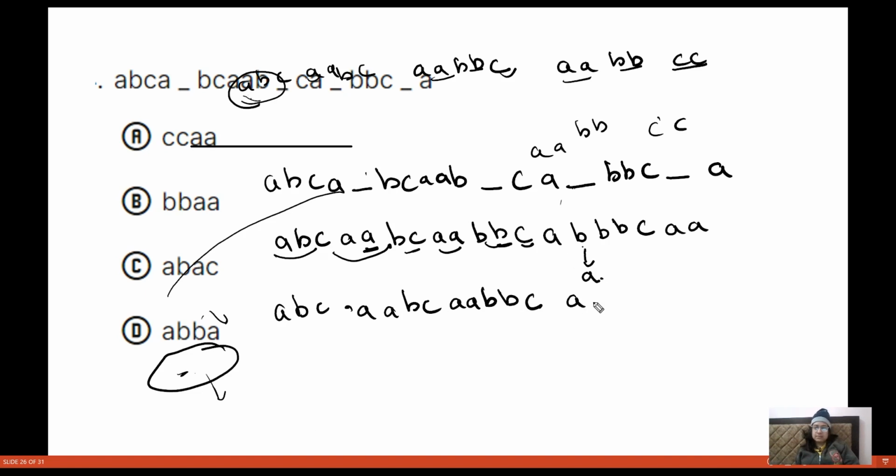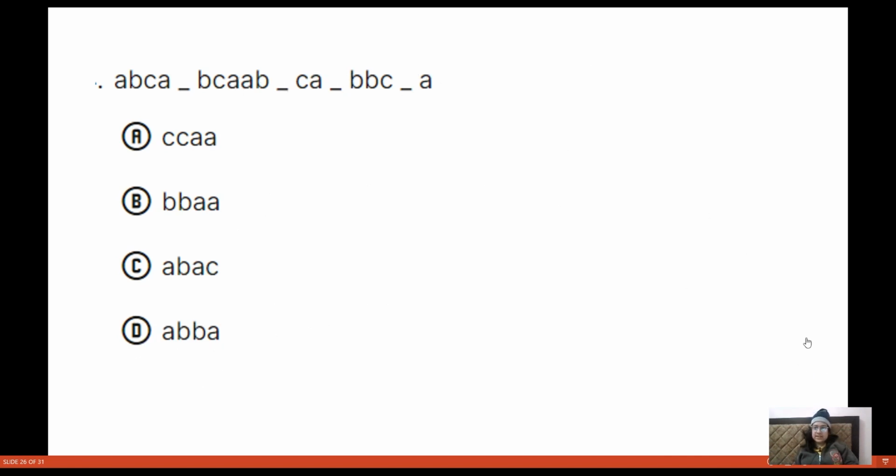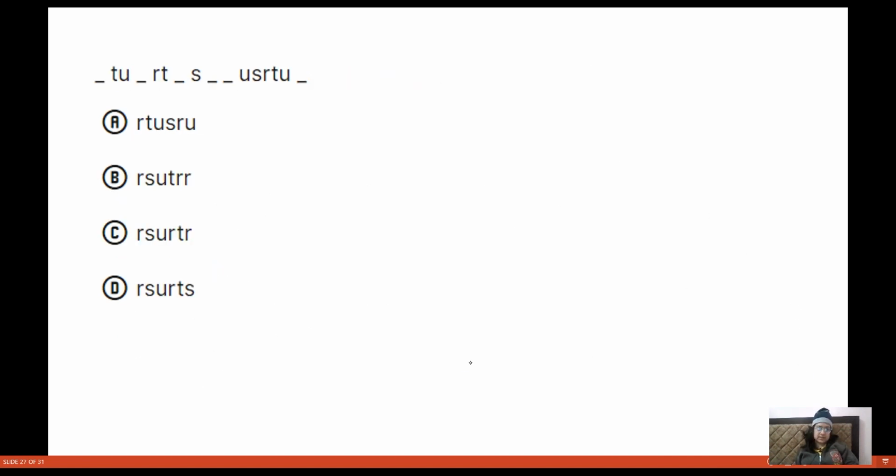Okay, and then double A, double B and double C here and then A. So see, when we tried with one option, I almost got the pattern right, but then in the second option, I find that this one will satisfy my condition. So I hope everybody is clear with this thing. Now let's move on to the next question.